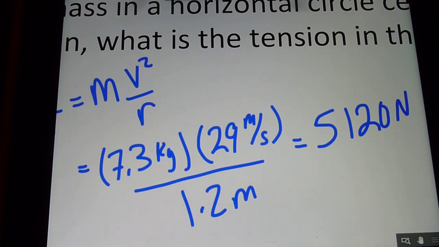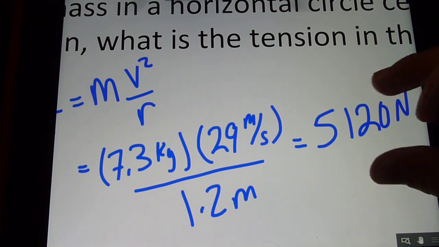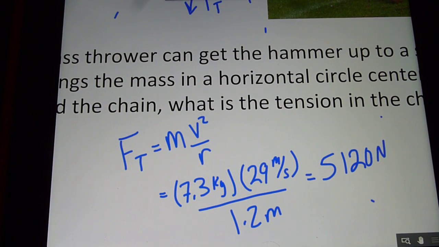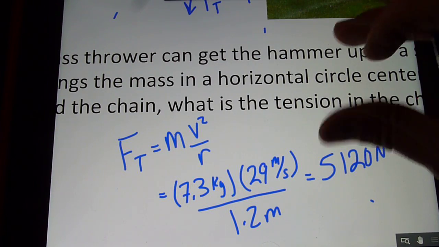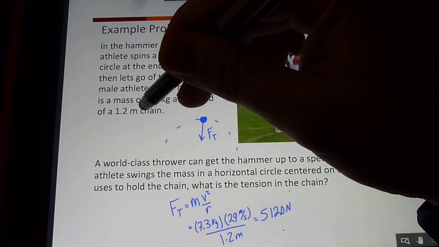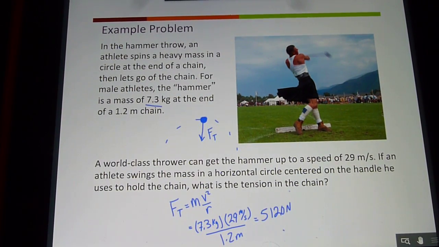This is why they use a chain and not a wimpy little rope. 5,120 newtons. If I take 7.3 kilograms times 9.8, the weight of this 7.3 kilogram mass comes out to 71 newtons.